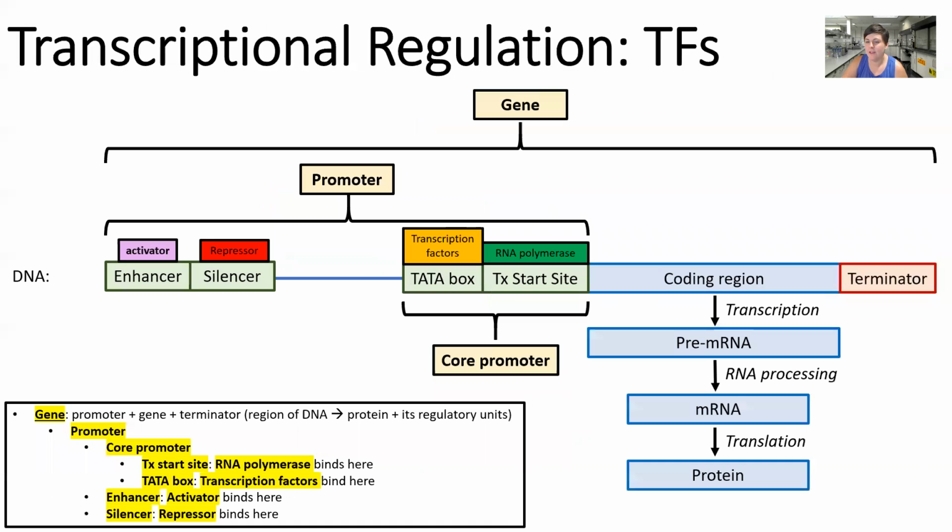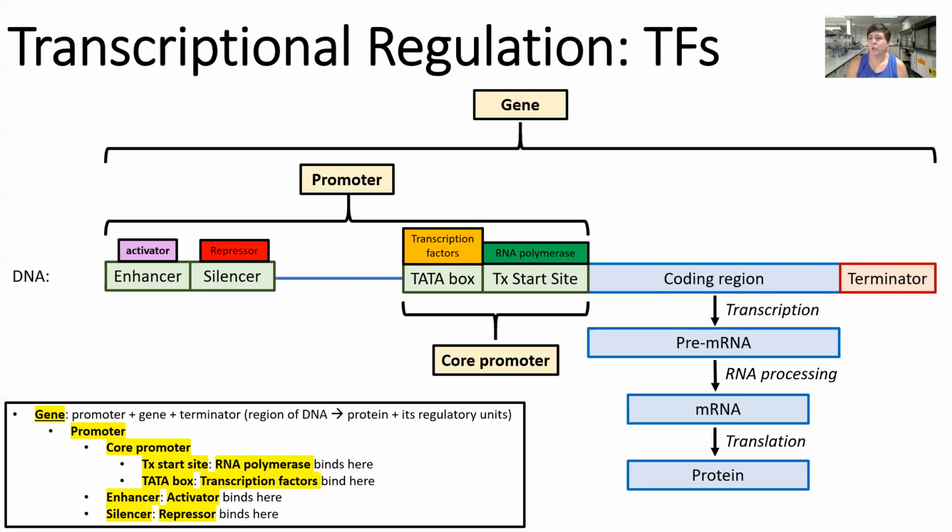All right. This is just a summary slide of what we now know with general transcription factors, and how genes are turned on or off at the transcriptional level. Remember that a gene is composed of a promoter, the coding region, and the terminator. It's just that we know the promoter has a lot more elements than we previously talked about. The promoter is composed of the regulatory sequence, which includes the on switch, the enhancer, or the off switch, the silencer.